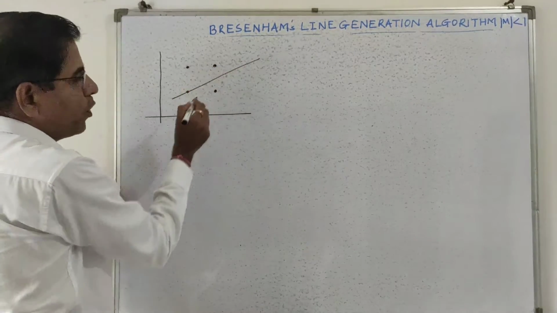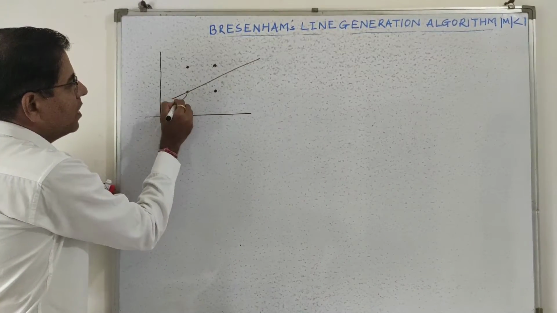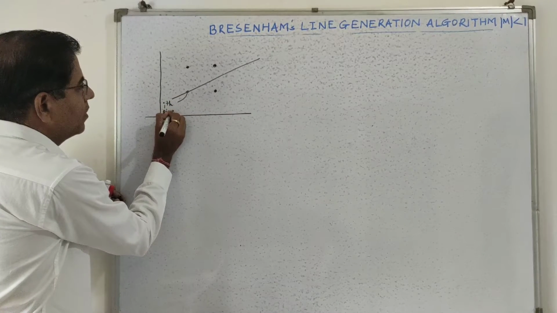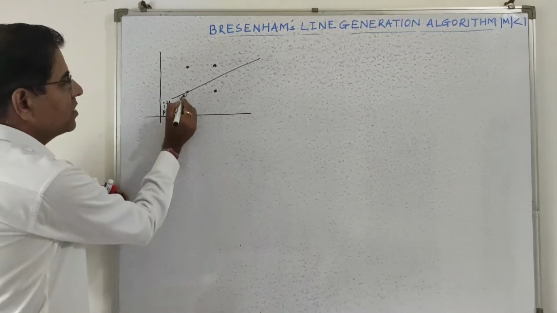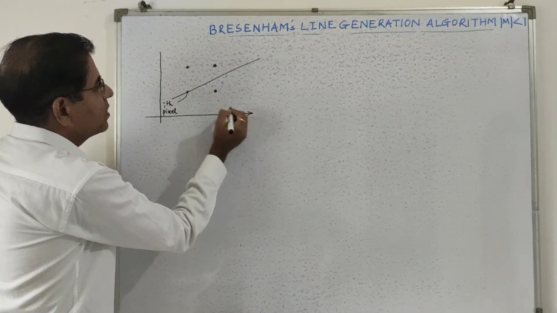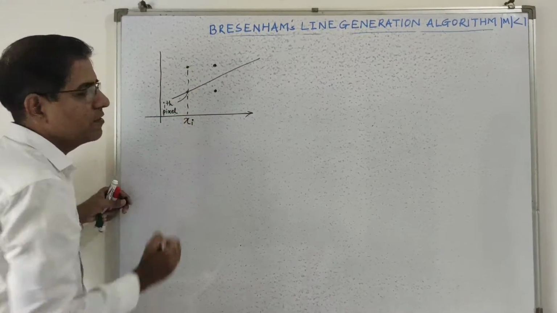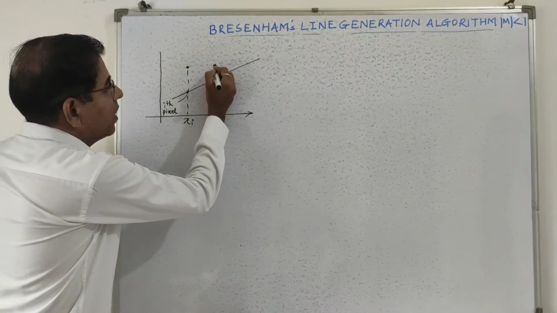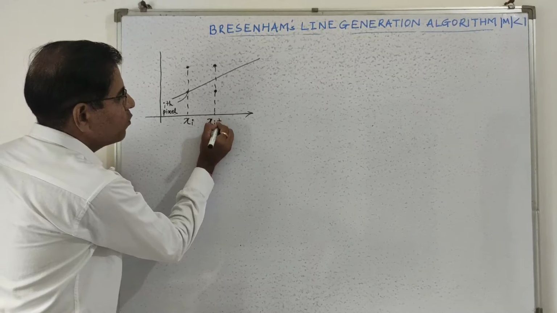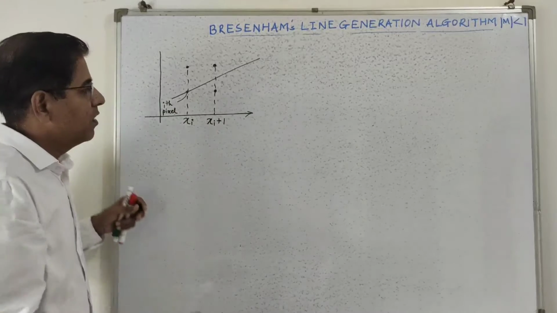So these are the center points of the 4 pixels. This is the ith pixel, the ith point. Its corresponding x coordinate is xi. This coordinate will be xi plus 1, because this is the immediate next pixel from xi.